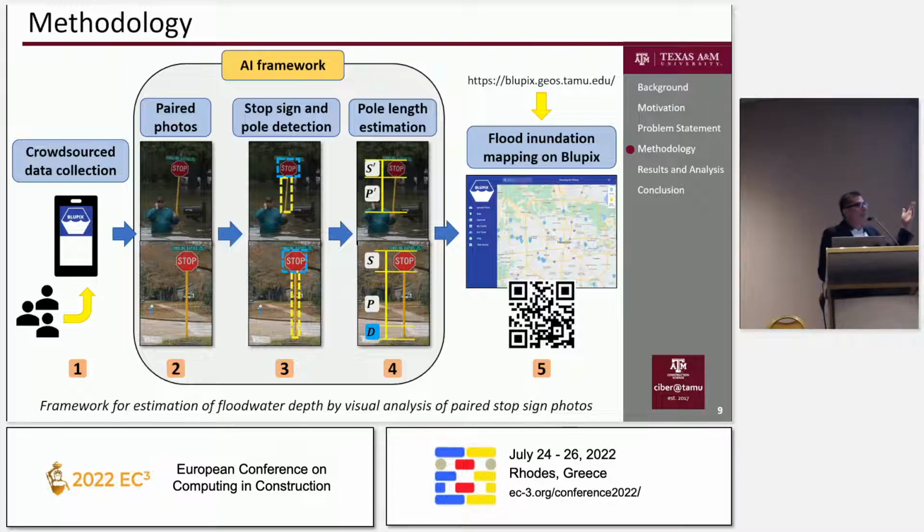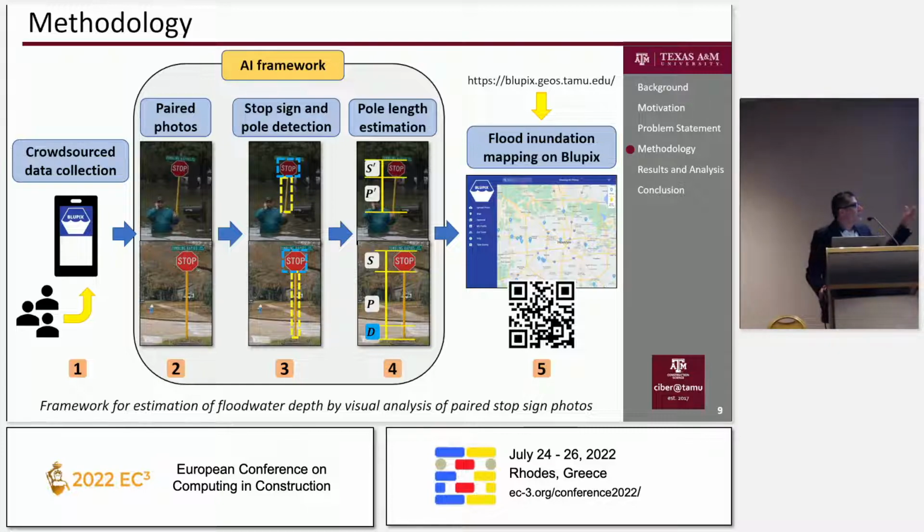Essentially, the way this app works is that everybody can go on the app on their mobile devices and take a photo of a submerged stop sign. If they have time, they can pair that photo on Google Street View with the same stop sign photo before the flood, or they can leave the pairing process to somebody else. It's a crowdsourcing application. So one person can upload a photo of a submerged stop sign and just disappear, and then I can go later as another citizen, find that photo, and pair it with the photo of the pre-flood stop sign.